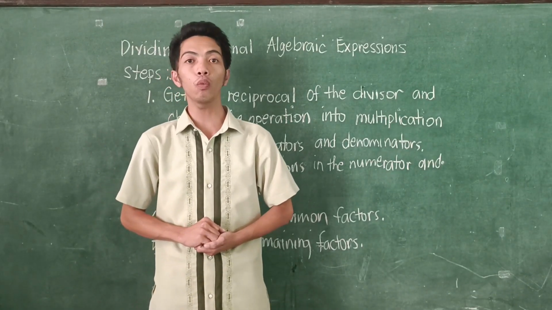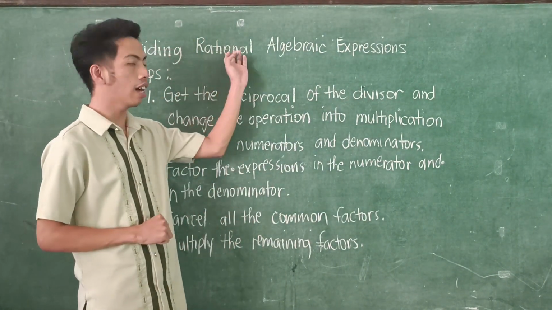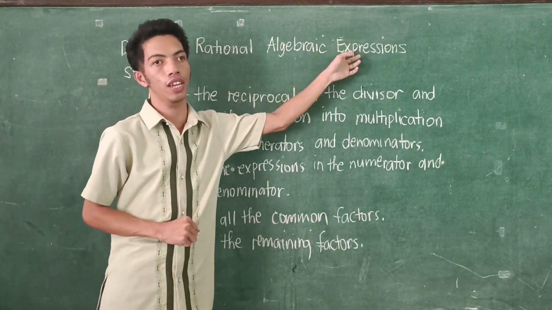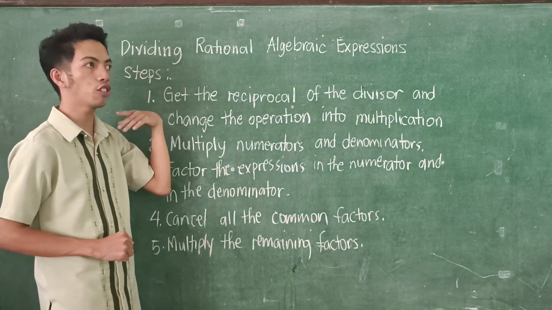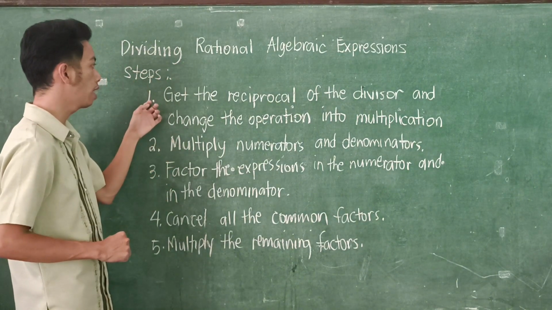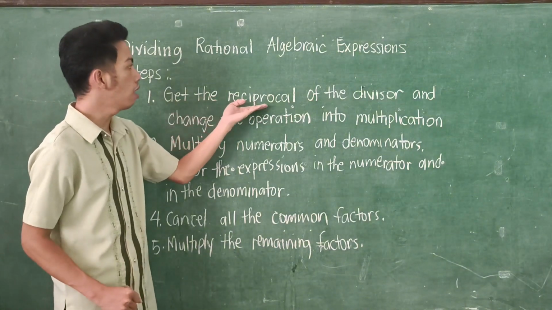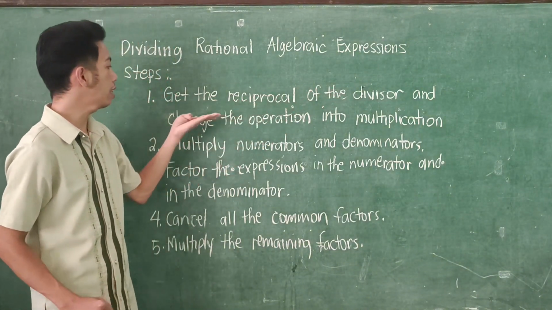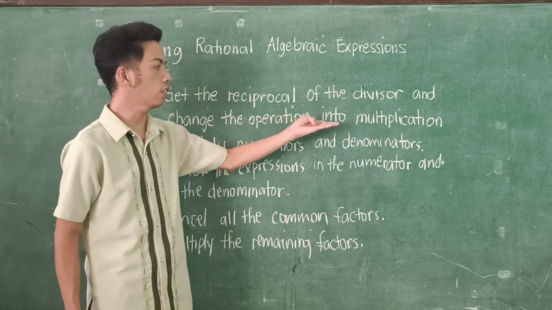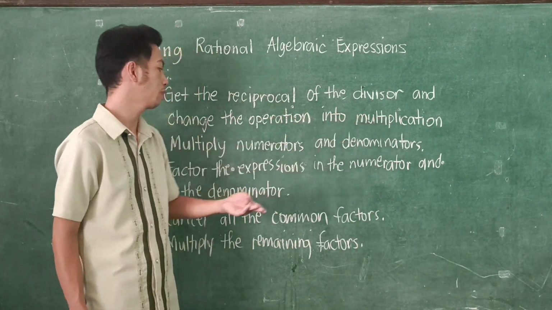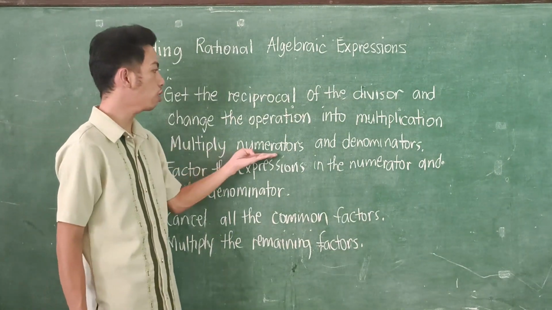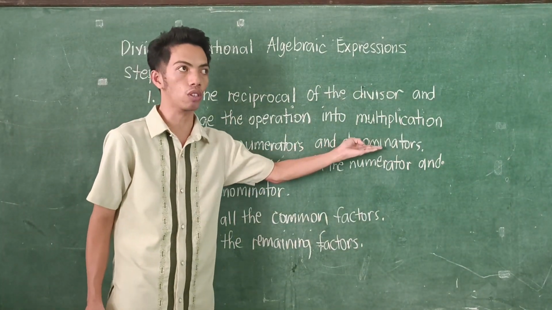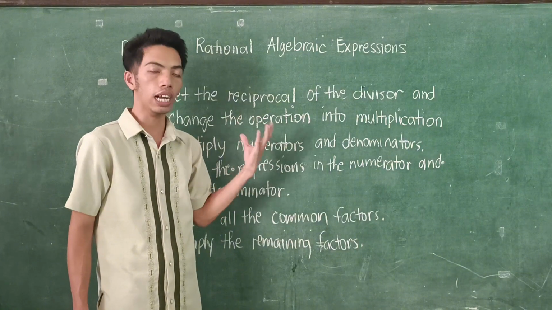Now, let's proceed with dividing rational algebraic expressions. And here are the steps in dividing rational algebraic expressions. Step number 1, get the reciprocal of the divisor and change the operation into multiplication. The second step is to multiply numerators and denominators, katulad ng multiplication na ginagawa natin.